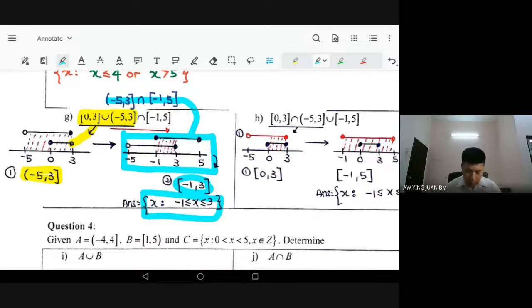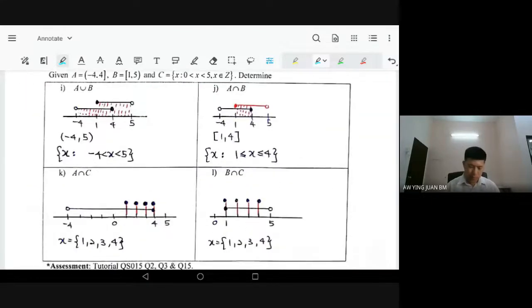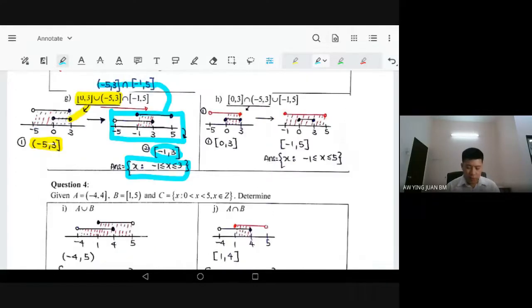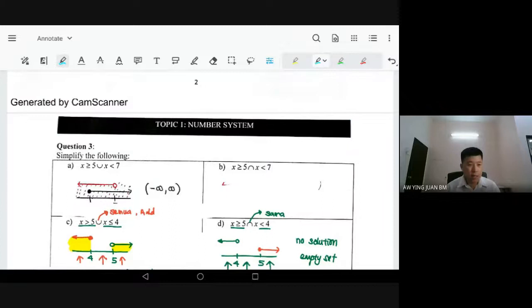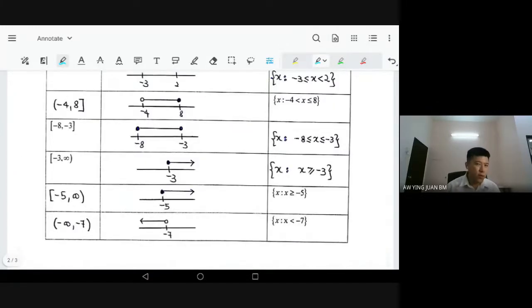Okay. Question 4. Ada masalah? So, for your information, saya tengah mengajarkan. So, kalau you perasan, semua saya tulis. Interval pun boleh, set notation pun boleh. Practice. Okay? Mana tahu kan, final exam dia kata express in set notation.